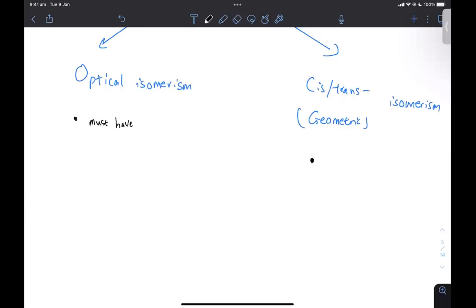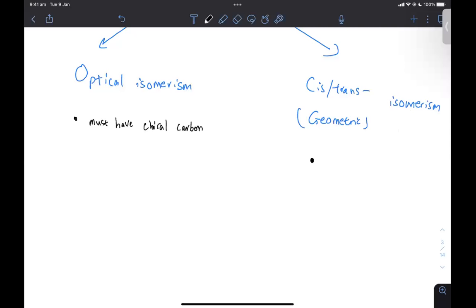Akila, do you want to correct Isa? Having 2 same functional group. Oh no. Okay. Shakira, Nabila, do you want to correct both of them? What is the main requirement to have cis and trans isomerism? Carbon-carbon double bond. Okay, I'm glad someone got it.